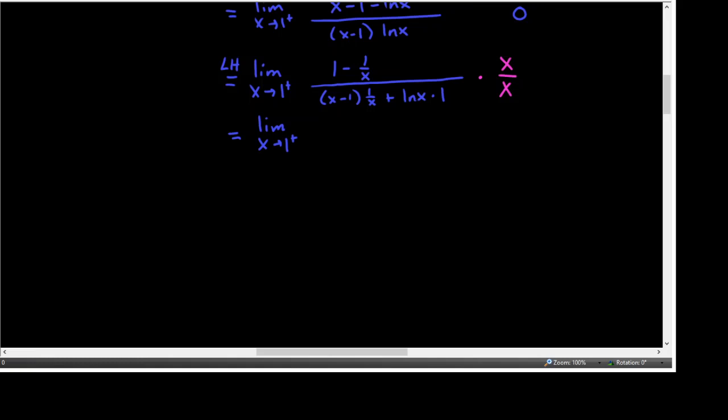That'll just make it cleaner looking. So x times 1 is x, minus 1 over x times x is 1. x minus 1 times 1 over x times x is x minus 1 times 1, which is x minus 1, plus x times ln of x.